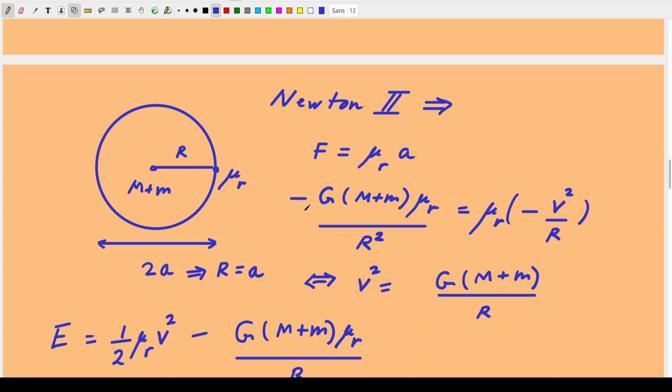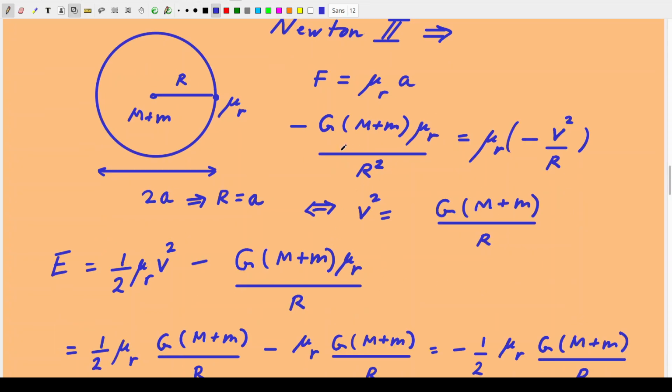And Newton's law of gravitation says it should be G times that mass divided by the distance squared. The minus sign I introduced because the force is in this direction, to the left. And then it should be the mass times the centripetal acceleration, and also that acceleration is in that direction, to the left. So, okay, then it's a minus sign here.